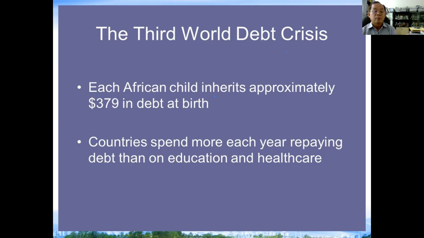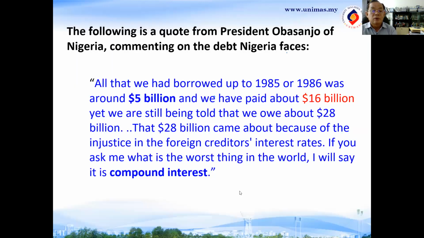So the countries are poor, they need to pay, and so when they are born, you already inherit atau mewarisi hutang tersebut, each child. So countries spend more each year repaying, untuk membayar hutang, than on education and healthcare. Itu statement from the World Bank, yeah.